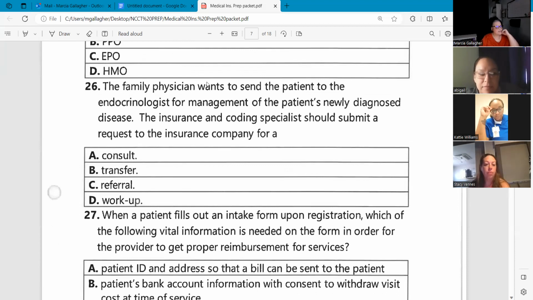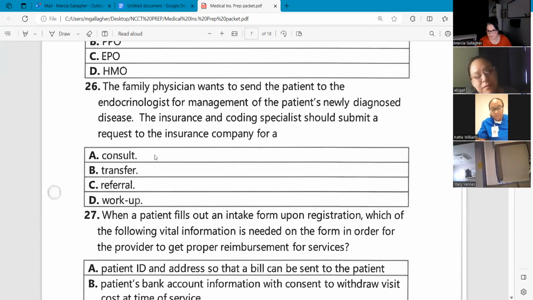Number 26, the family physician wants to send the patient to the endocrinologist for management of the patient's newly diagnosed disease. The insurance and coding specialist should submit a request to the insurance company for a referral. Yeah, I say A. Consults are done in the hospital.